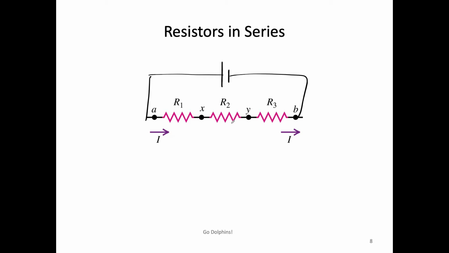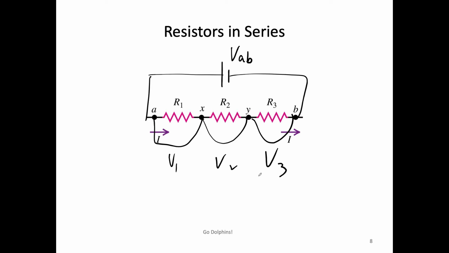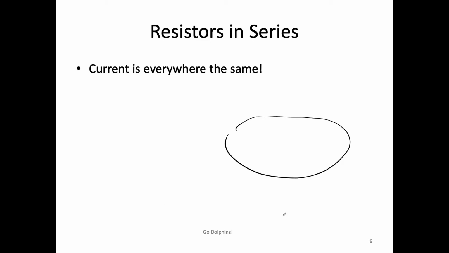Then how about the potential? This is my VAB. This is my V1. This is my V2. This is my V3. By looking at this circuit, we should understand that VAB equals V1 plus V2 plus V3. So we have two conditions for series connection now.